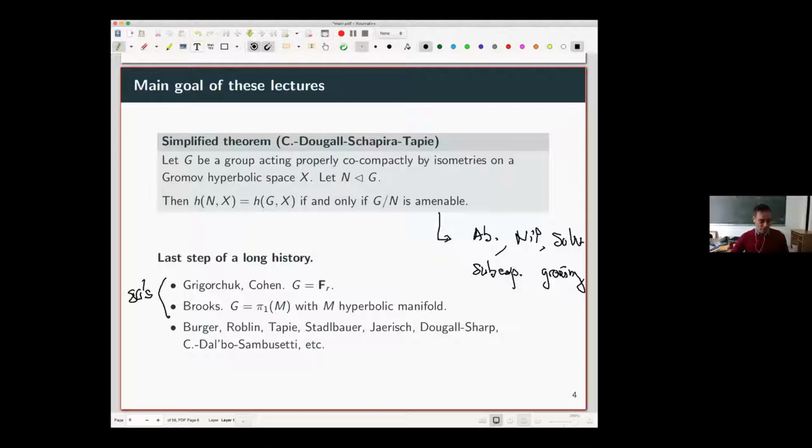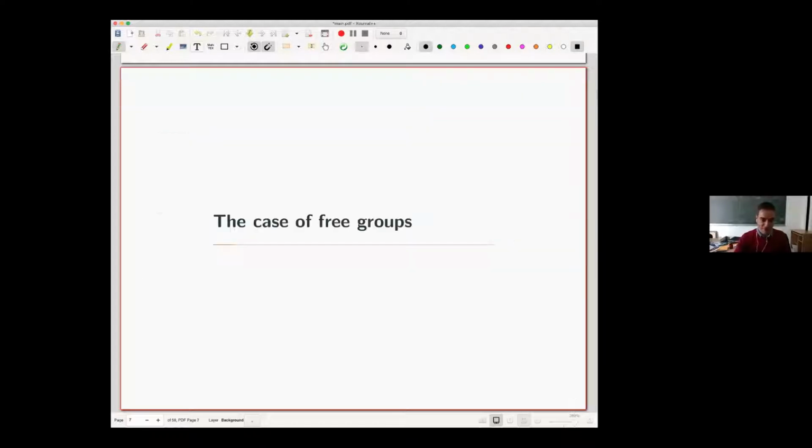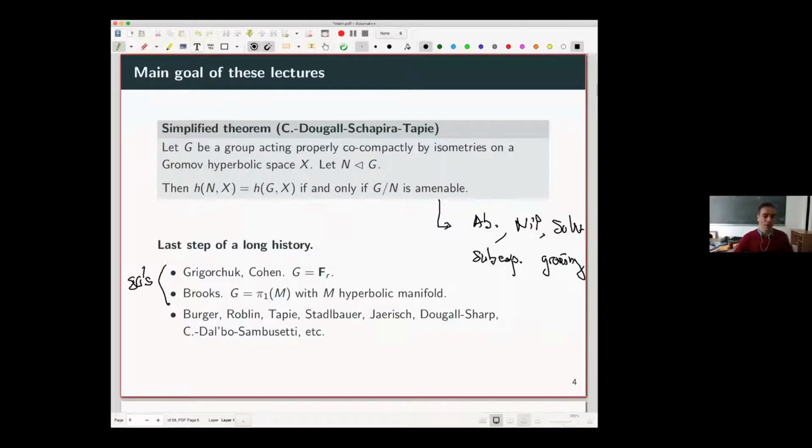To do that, let's start with the free group. Oh yeah, maybe I should first make a remark about the statement. There are two directions in this statement. You have two properties. The first one is that you have two numbers, the exponential growth rates, which are equal. And the second one is that you have a quotient group which is amenable. If you try to think, a priori, which assertion carries more data? Two numbers being equal is very weak information.